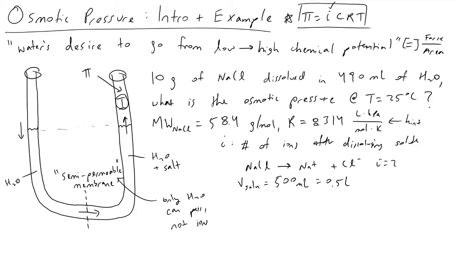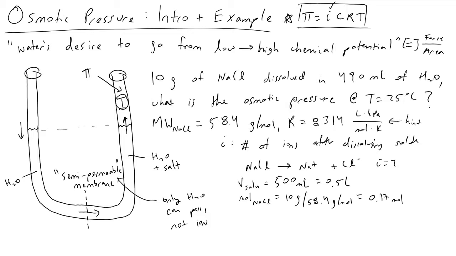And the moles of solute, the moles of NaCl, will be equivalent to 10 grams divided by the molecular weight, which is 58.4 grams per mole. And this will be equal to 0.17 moles. And I encourage you to do the algebra on your own.